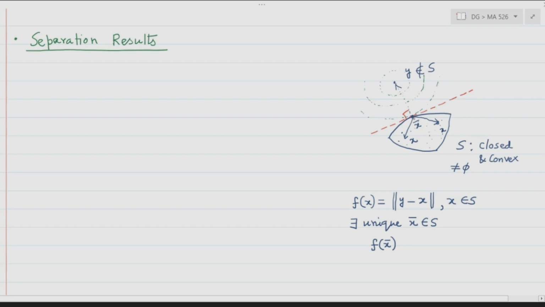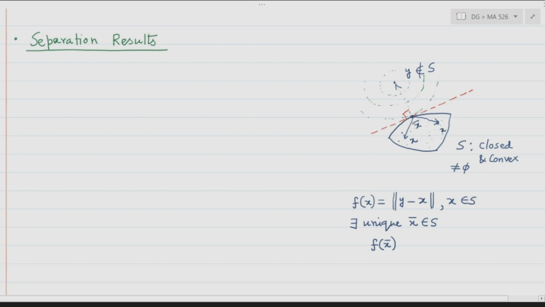the set S, the minimum distance will be given by a perpendicular distance, and therefore y minus x bar will be perpendicular to this common tangent, and obviously then for any x in S, the angle between x minus x bar and y minus x bar is more than 90 degree.